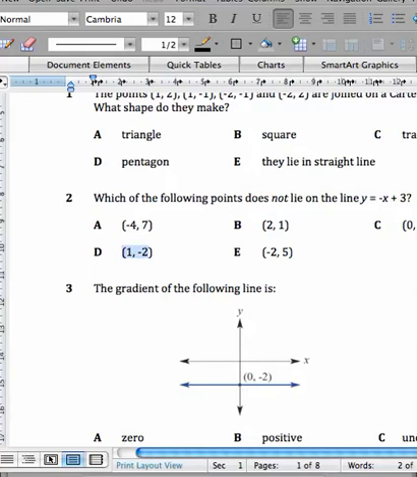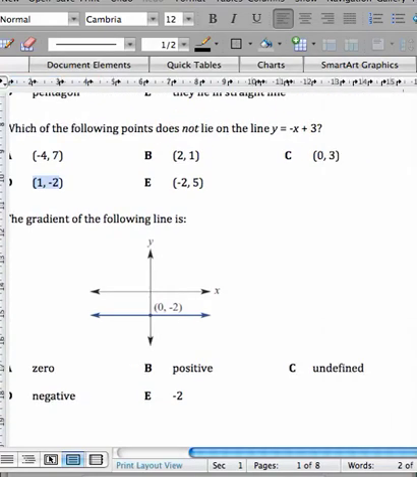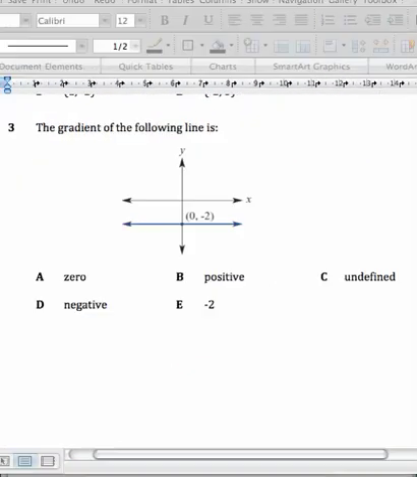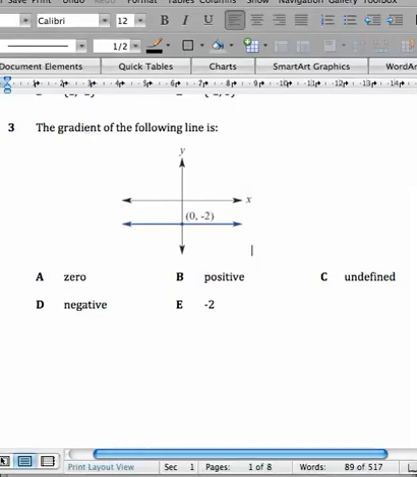So our next question. The gradient of the following line is, and we've got some options here. We know gradient means how steep a line is, and we've gone through the different types of gradients. There are 4 different types, and they are all here.